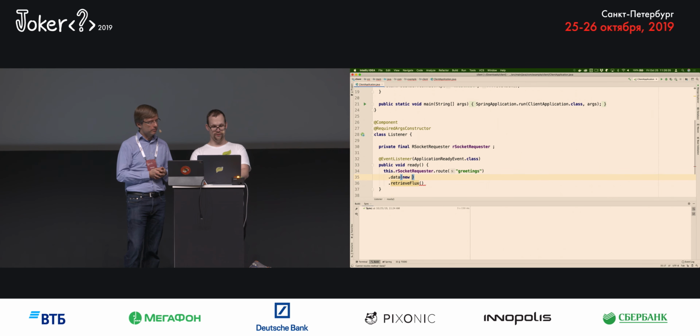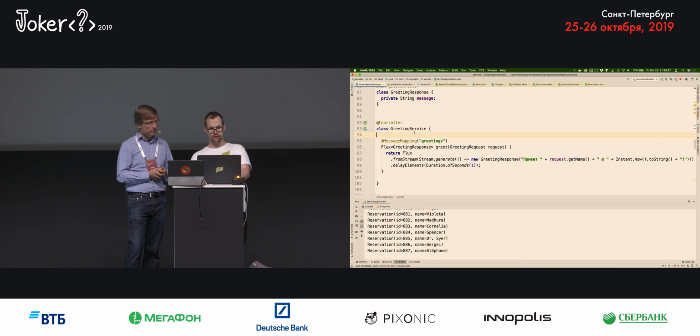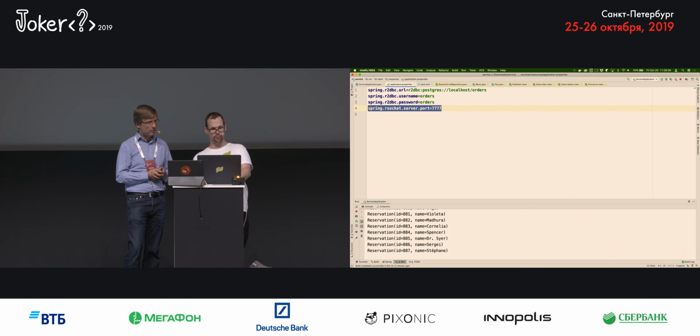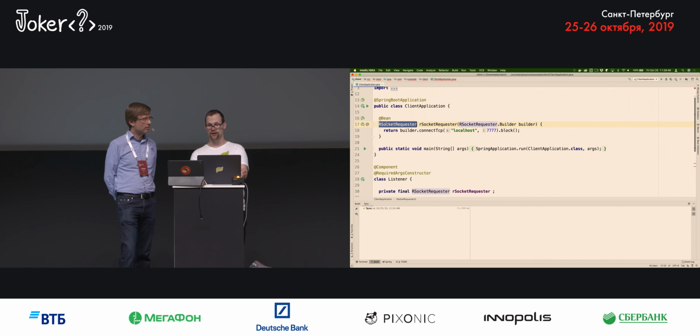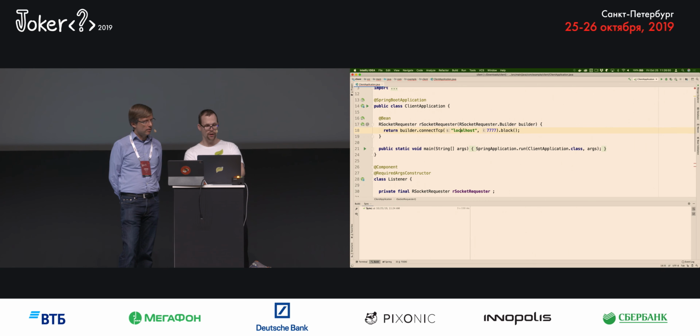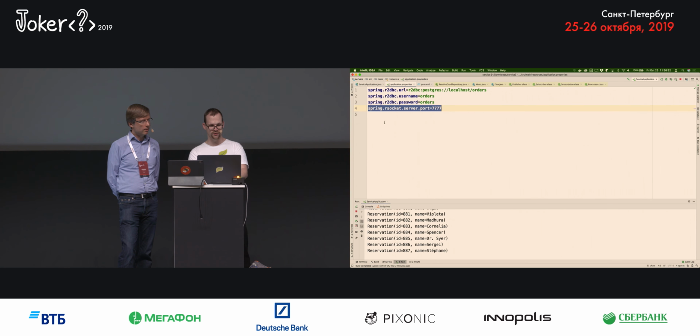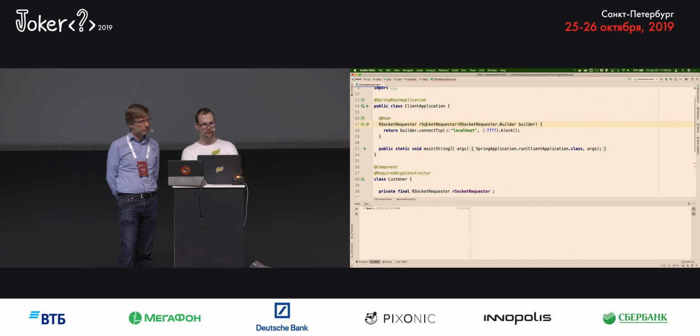So we've got the RSocket service over here. We've gone to the property file. I've set up the port. I said I want to run an RSocket service port. It's up and running. Now on the client, I'm building a client object, an RSocket requester. The RSocket requester is going to connect to the RSocket service on port 7777, right? That's what I specified back here. Now, keep in mind, we're creating the RSocket requester when the application starts up.